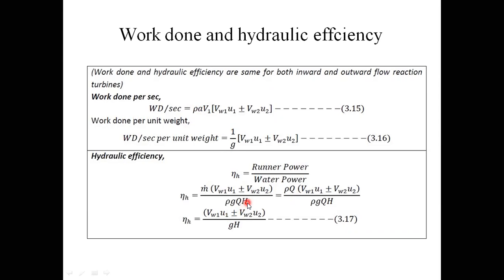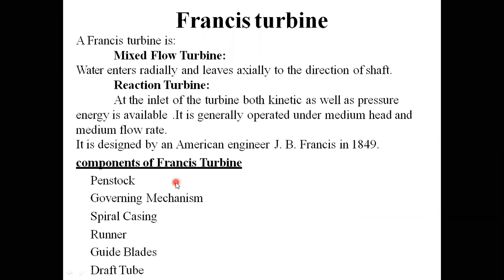Water power is found by the formula rho g Q H. So hydraulic efficiency equals, after cancelling rho Q, we get the final equation (VW1 U1 plus or minus VW2 U2) upon g H. This is your hydraulic efficiency.